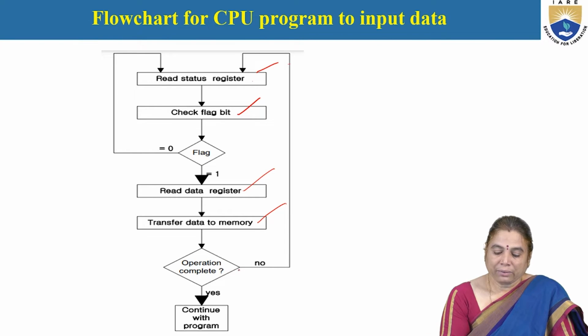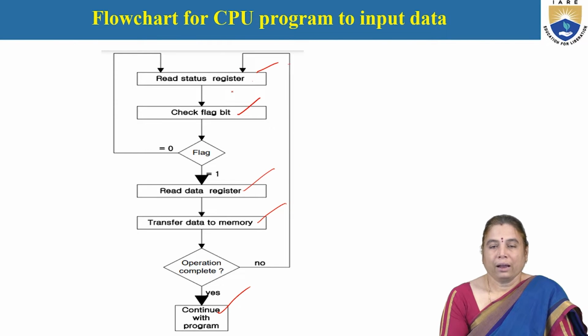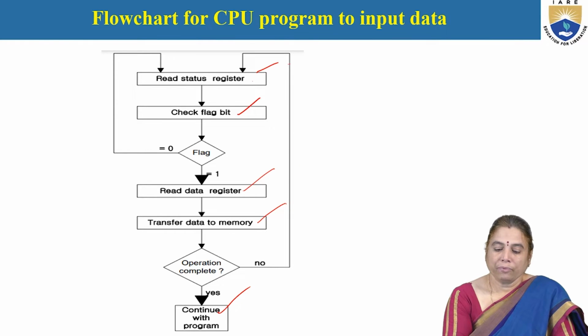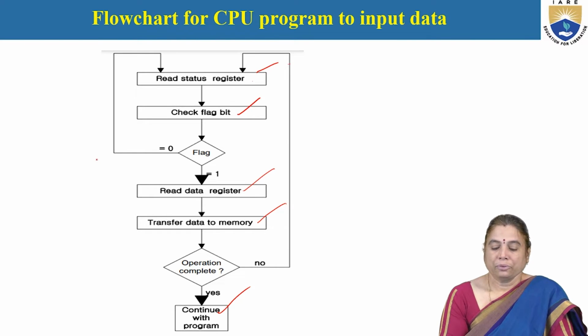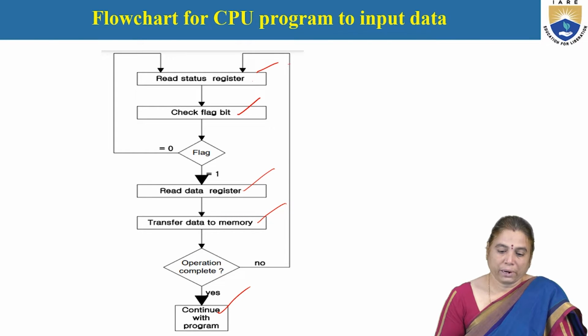We have to check whether the operation is completed or not, and if it is completed, continue with the program. Otherwise, it has to go to step 1 and repeat that step. If the flag is 0, disable the data acceptance line. So in this way, the CPU can check the status register flag bit to see whether data is readily available in the data register for IO operation.